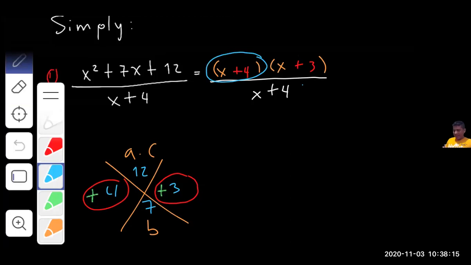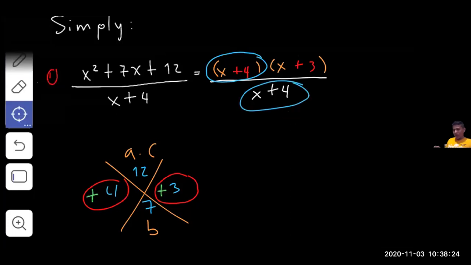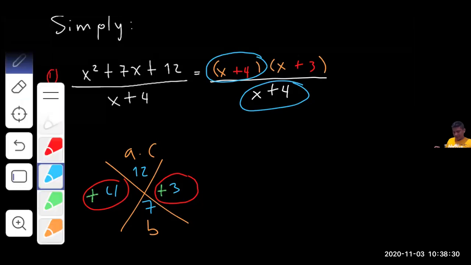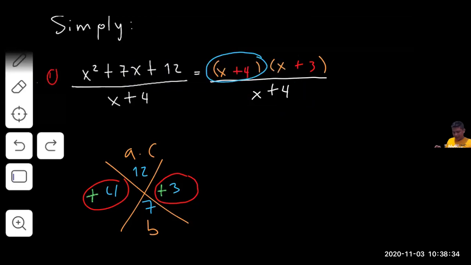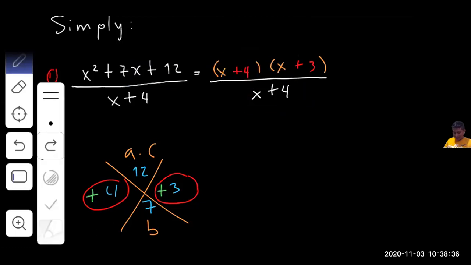What is this? x plus 4 times x plus 3 over x plus 4. Can I do something with these two expressions? x plus 4. Yes, I can simplify that out. This is the property: I have the same quantity in the numerator and the same quantity in the denominator.